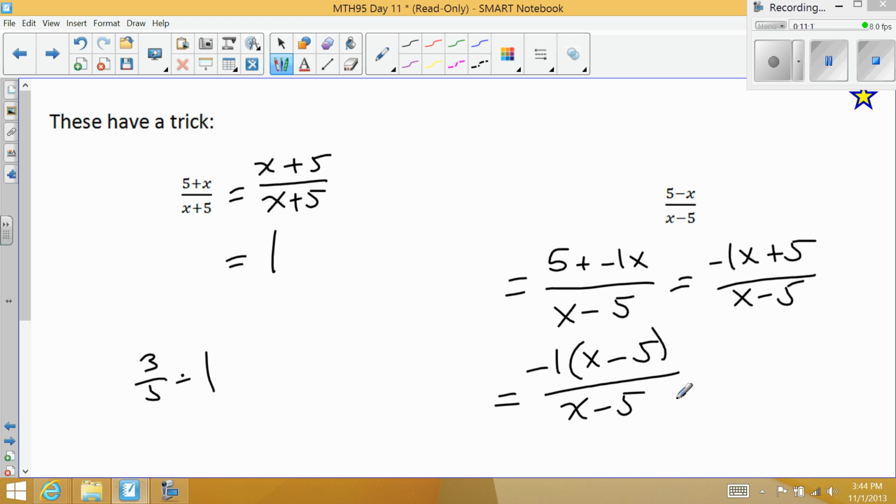Now you can see we've got the common factor of x subtract 5, so this reduces down to a negative 1. So if you want to take a little shortcut, looking at the form back here, if you have a rational expression where you have essentially a subtract b in the numerator and b subtract a in the denominator, those will always reduce down to a negative 1.